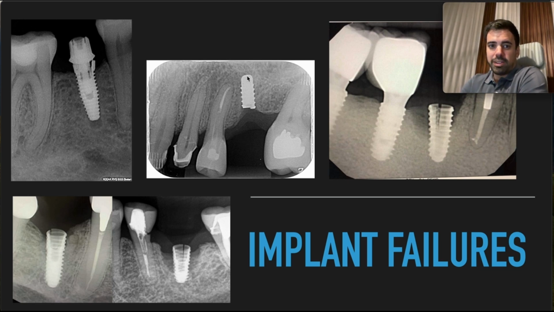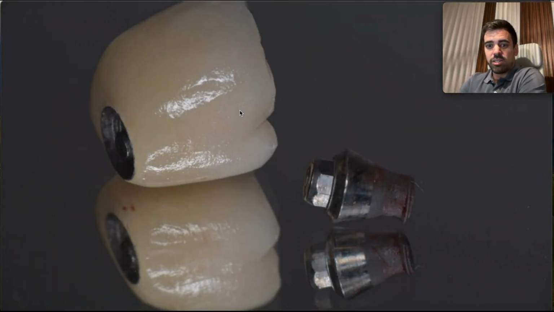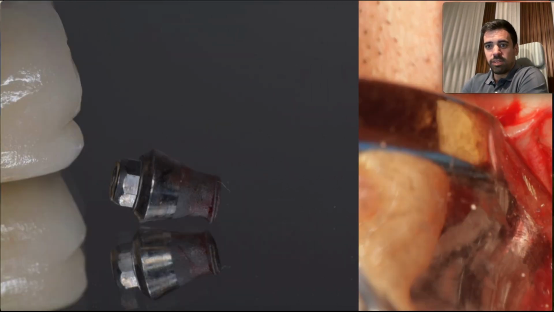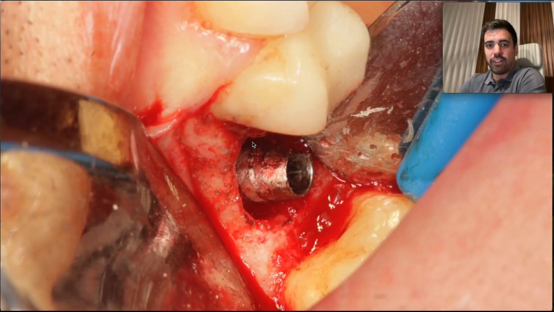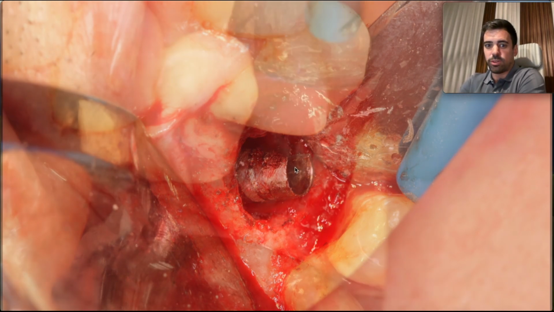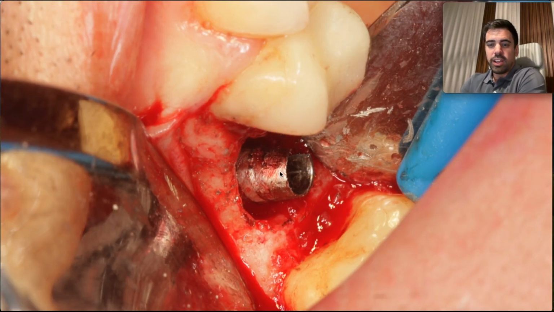The problem probably is these kind of implants, they're fully integrated, they break, and then you need to retrieve them. So a case like this one, where you have to drill out that implant, because you can't really unscrew it. If you try to place any sort of abutment up here and try to unscrew it with a negative torque, you're probably going to keep breaking the implant, because you can't really hold to anything.